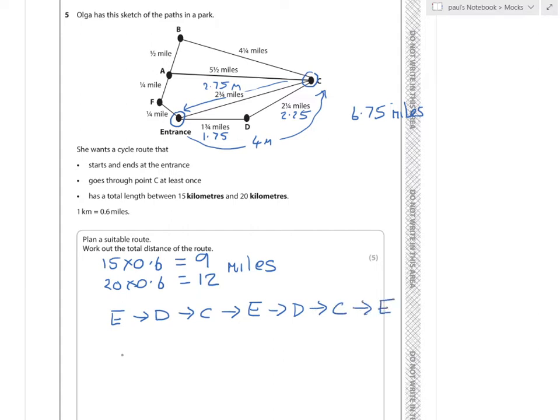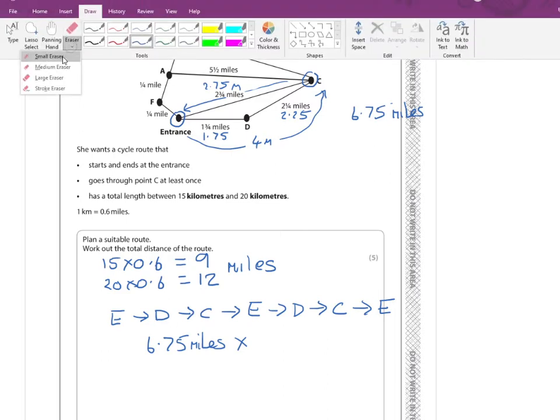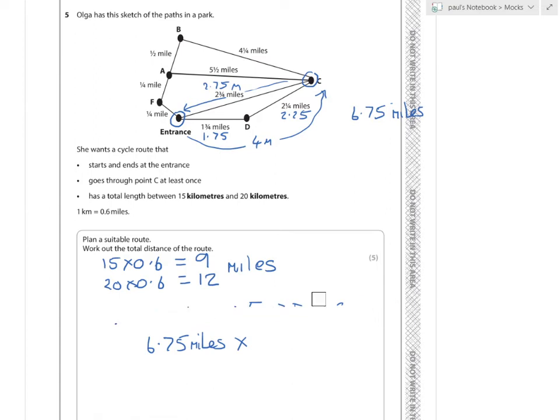So this is going to be 6.75 miles times 2. Oh, that's going to be too big, isn't it? Can't go there. So we can't do that.